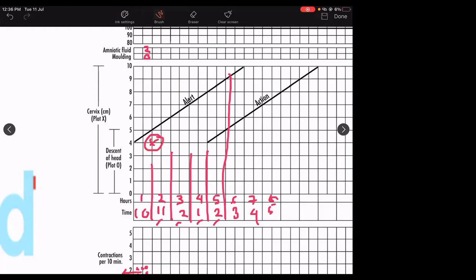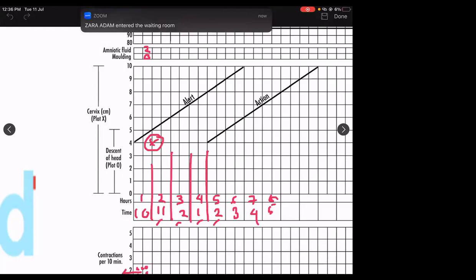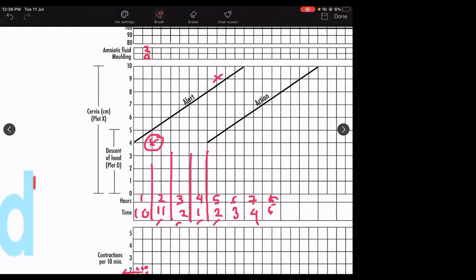You know you are plotting on this line. She's 9 centimeters dilated, so you denote it here. You see why the line should be to the left of the alert line. It shouldn't come to the right towards the action line. So just by finding out that here it is like this, you know that this labor is progressive.